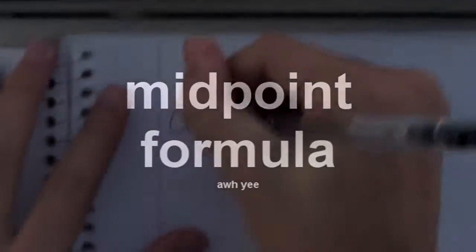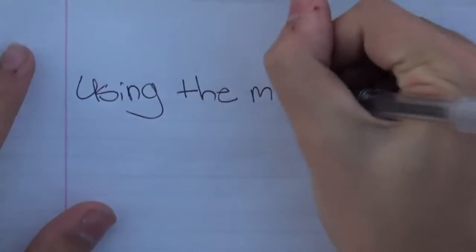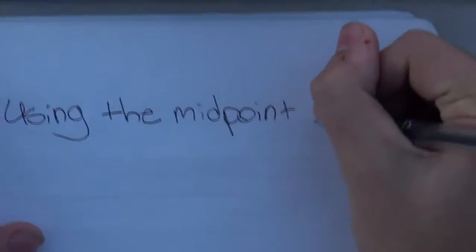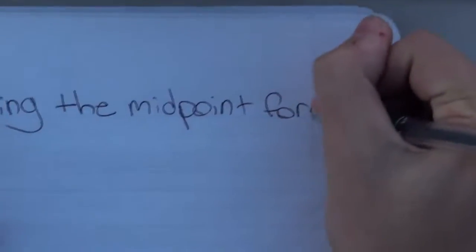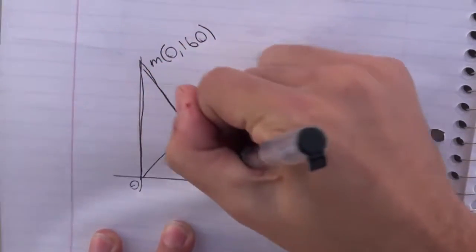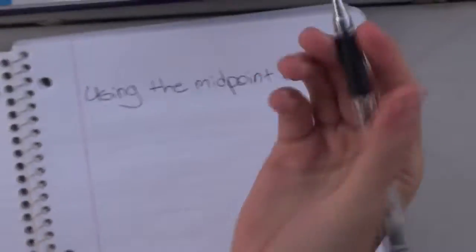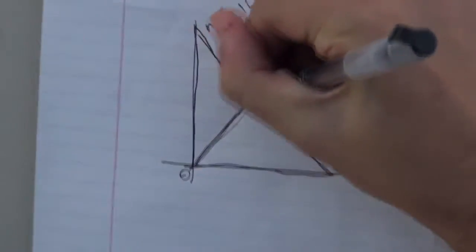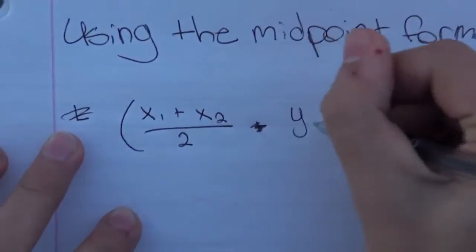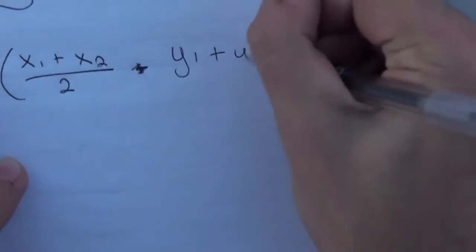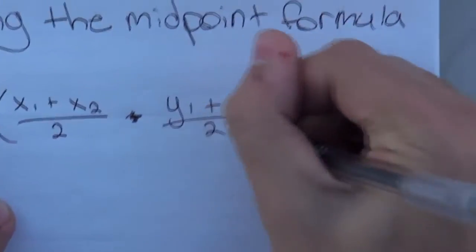The next thing is using the midpoint formula. You have a triangle here, and you want to find the midpoint. That's represented as L. The formula is x1 plus x2 divided by 2, and y1 plus y2 divided by 2.